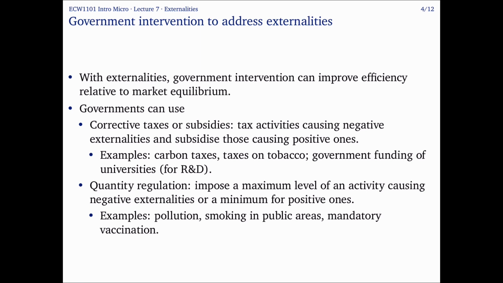That's the market failure. And when there is a market failure, there is potentially scope for improving things, doing things in a different way, and increasing surplus, increasing the benefit minus the cost to society. How can we do that? Through government intervention, possibly. So externalities, being a market failure, are a situation where the government can improve on the market outcome. What are the tools that the government can use? There are essentially two. One is very closely related to economics in people's minds, that is corrective taxes and subsidies.